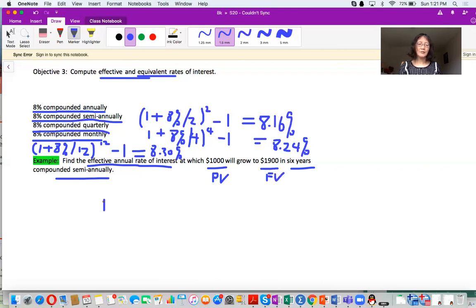So we plug into the future value formula. Future value FV equal to present value PV multiplied by 1 plus I raised to power n. Future value 1,900 and present value 1,000.